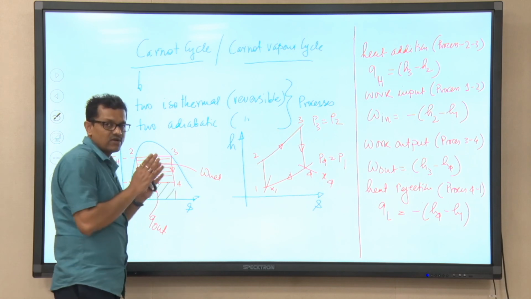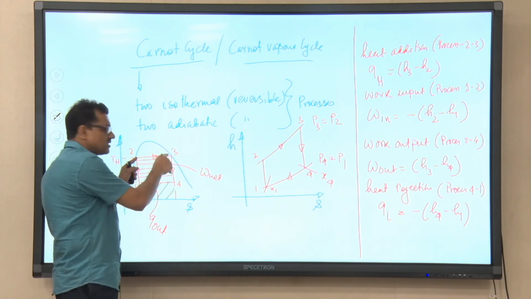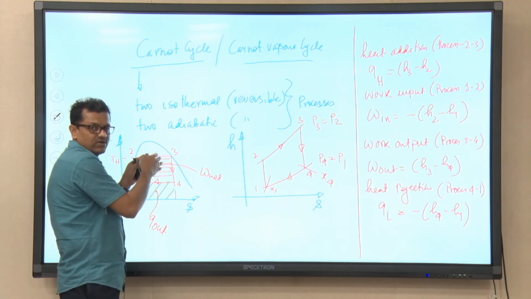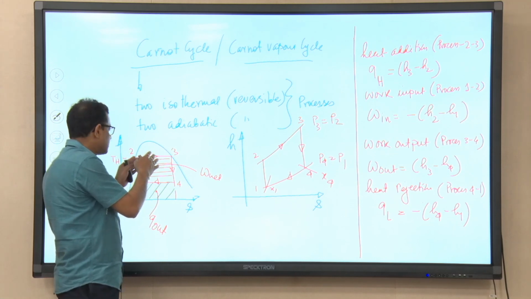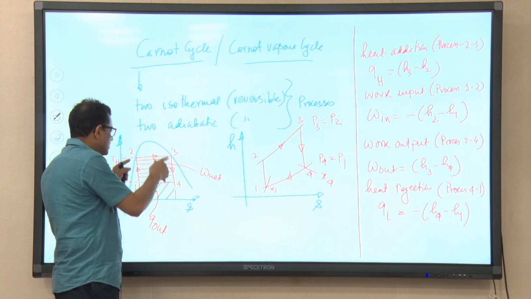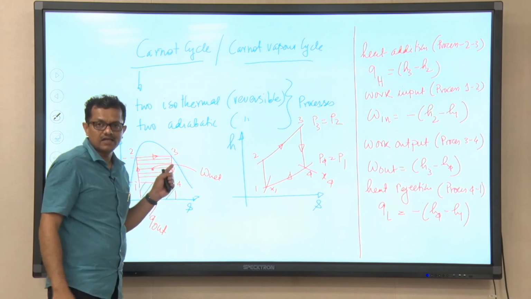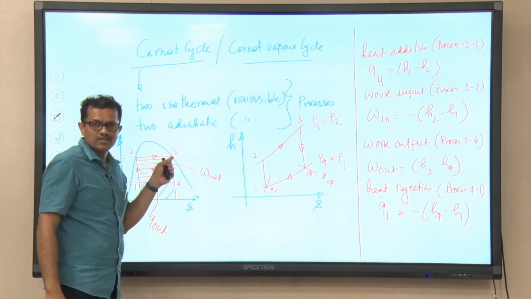So again, try to understand: in this particular cycle, processes 2 to 3 and 4 to 1 involve a phase change in the vapor power cycle. These are the reversible isothermal processes we have discussed.